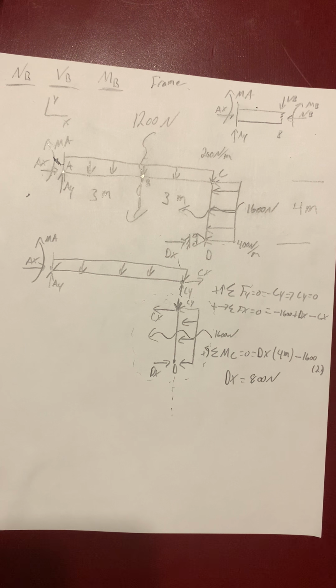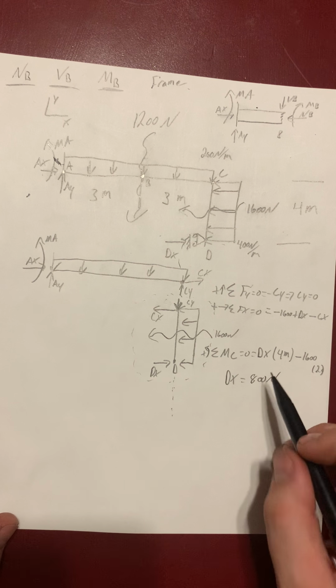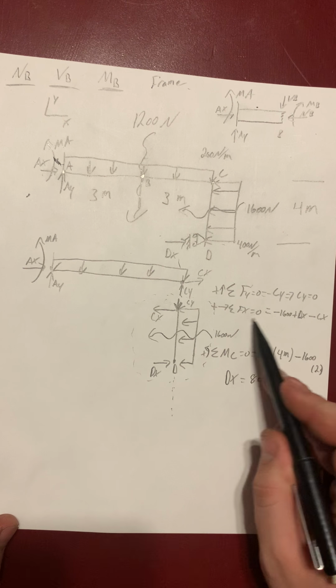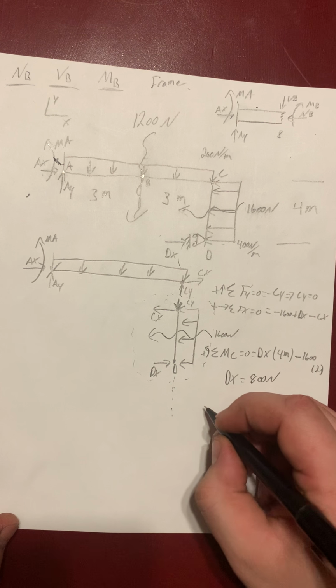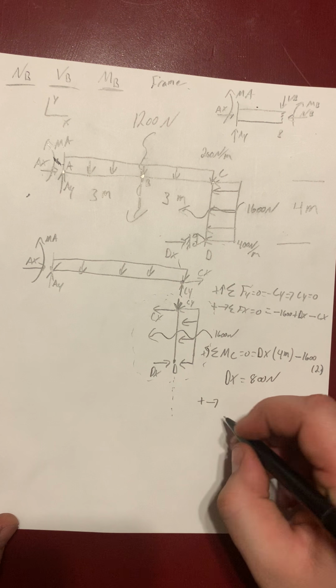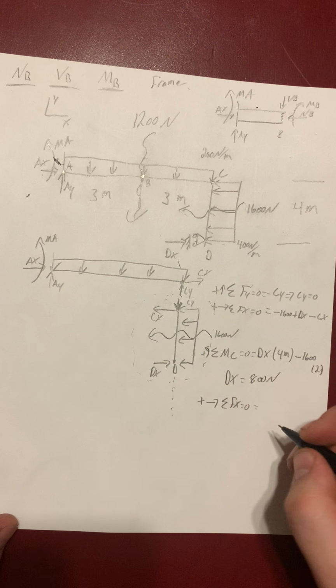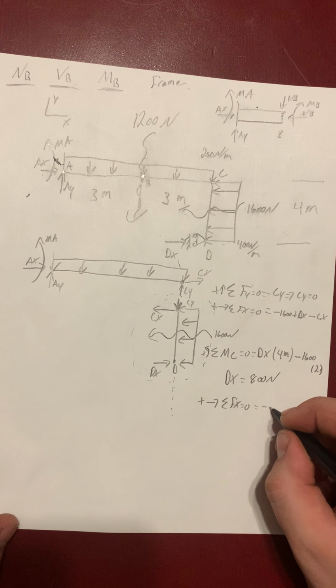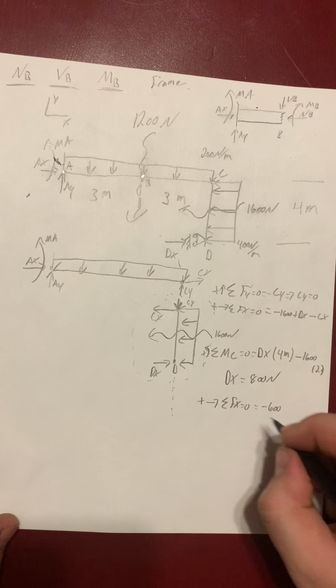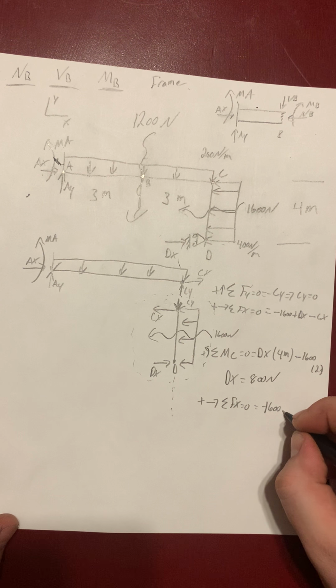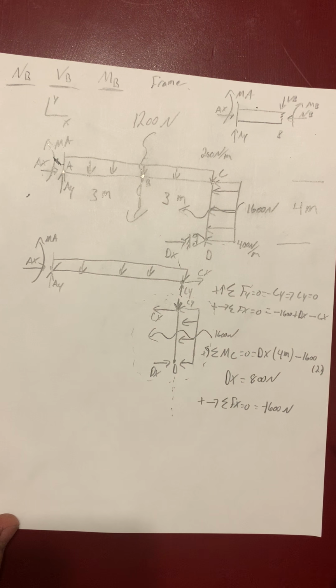Okay, so now we can go back to this equation here, sum of the forces in the x. Let's just rewrite it. Sum of forces in the x are equal to 0, which are equal to negative 1600 newtons. Why is it negative? Because it's acting to the left.